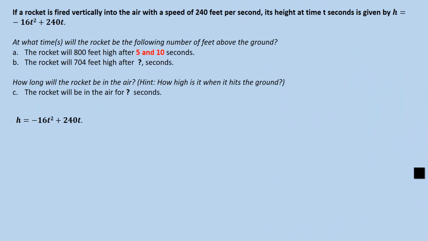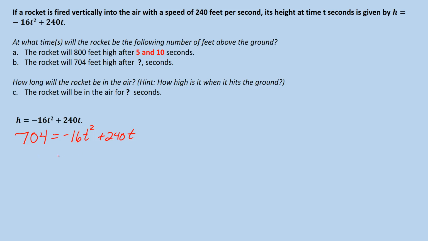Now let's take a look at part B. The rocket will be 704 feet high after so many seconds. Again, they're giving us the height of 704. So I'm going to replace the height with 704, and this will equal negative 16t squared plus 240t. Same thing we did before.